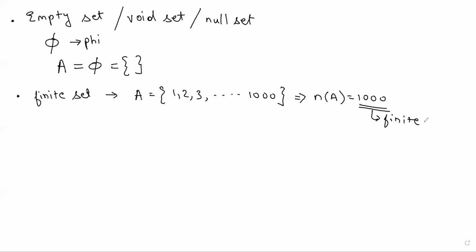Opposite to this, there would be an infinite set. As the name suggests, an infinite set will have infinite number of elements in it. Let's consider a set B, which is a set of all integers. You can represent this by something like this.